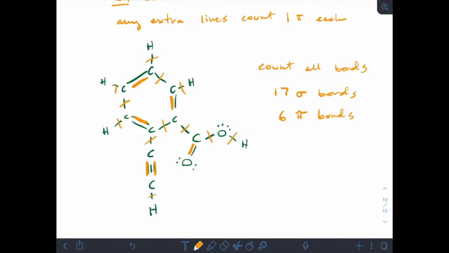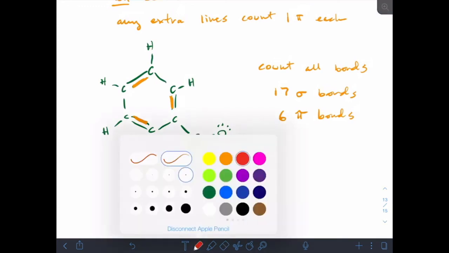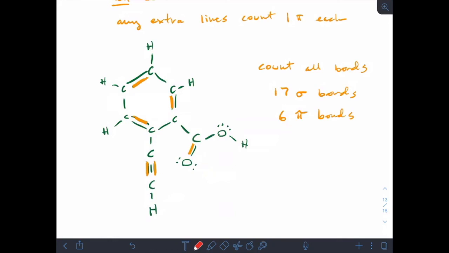Okay. So now let's take this another step further, and let's see if I can clean this up again, at least get rid of some of these extra lines. Let's take a look at hybridizations. Just about all of the carbons in this ring, let's look at the top carbon in the ring.